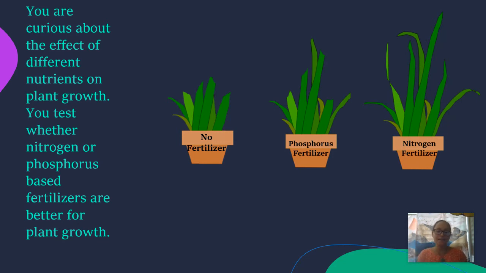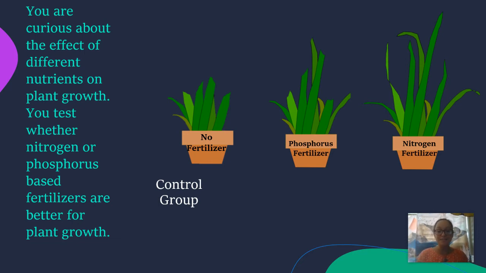Now from looking at this, you would still have to apply statistics and data analysis, but you can see how adding fertilizer did increase plant growth. And then you can draw conclusions from that, saying the nitrogen-based fertilizer had a better impact, or greater impact, on plant growth, right? But you have your no fertilizer pot as your control group. That is for comparison.